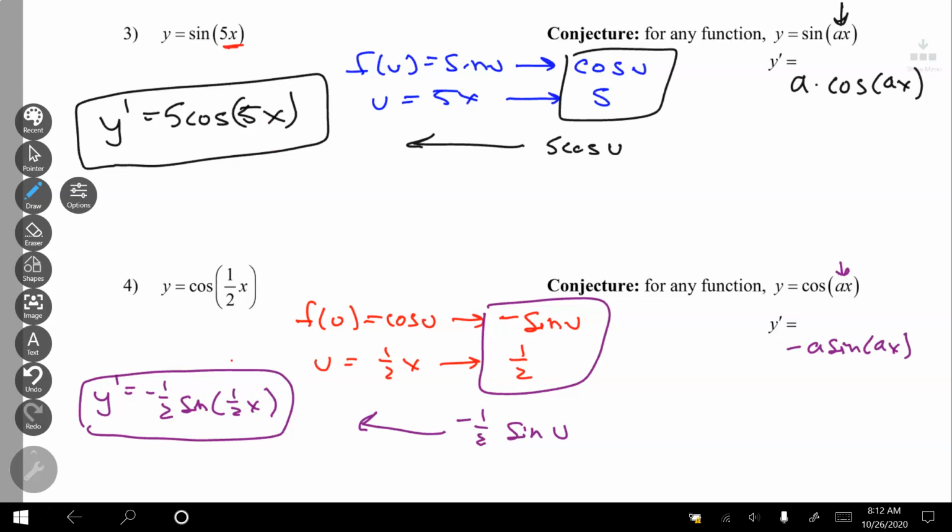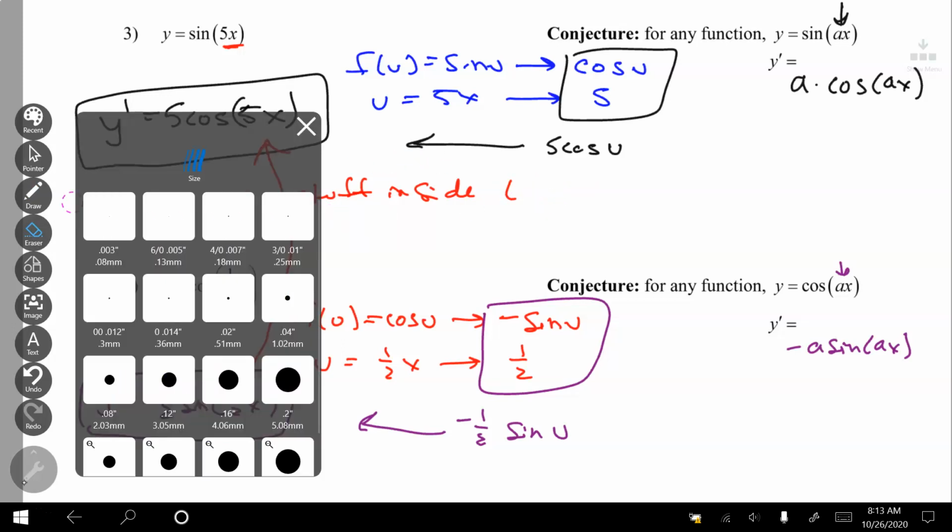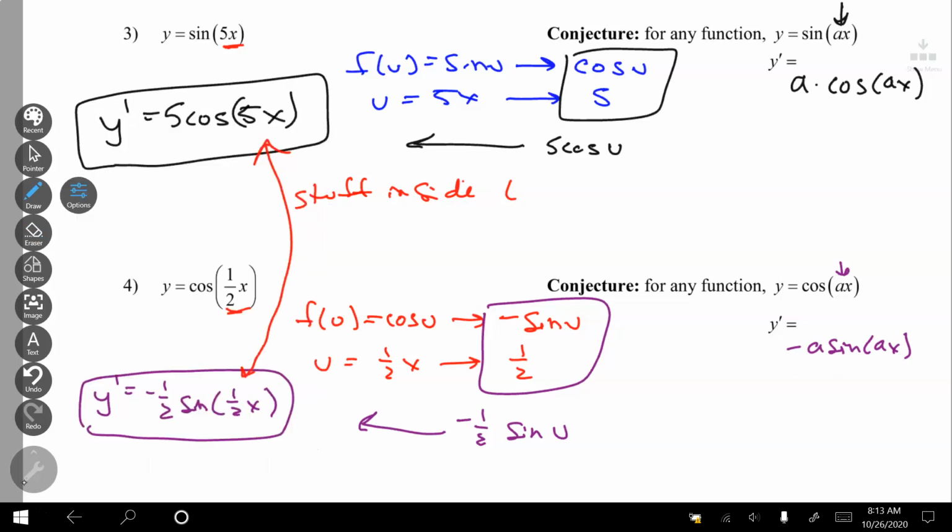And here's the idea. Notice the stuff inside the parentheses. I'm going to use my eraser. The stuff inside the parentheses, which is called the argument, never changes for these trig functions.